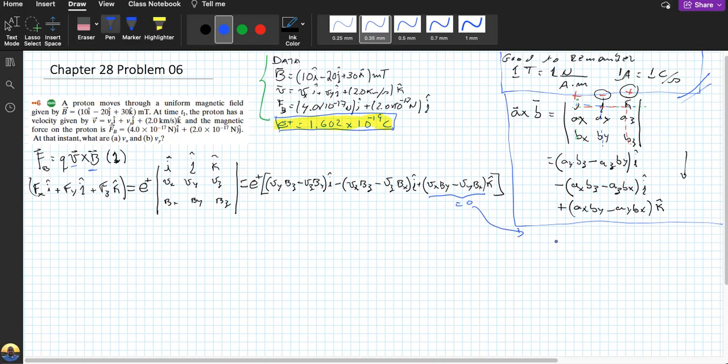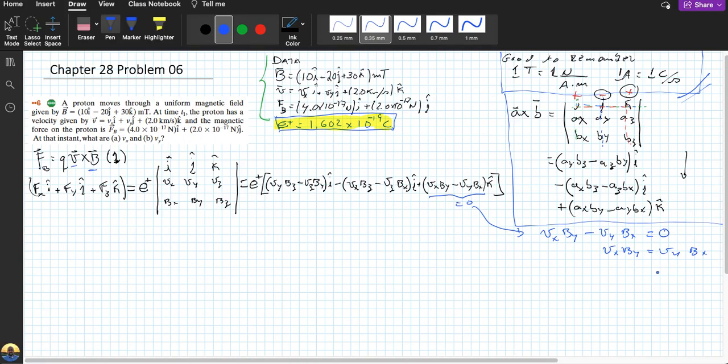We are saying that Vx By minus Vy Bx will be equal to 0. Agreed? That means Vx By is equal to Vy Bx.